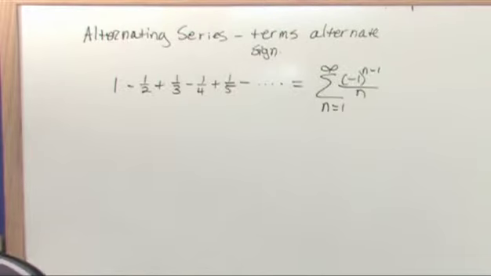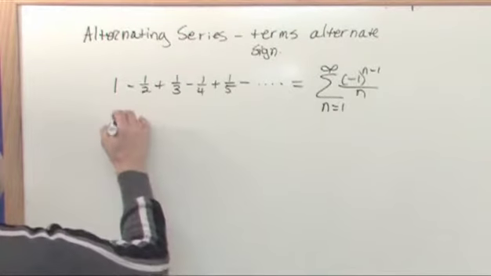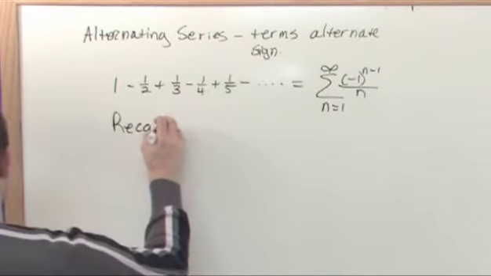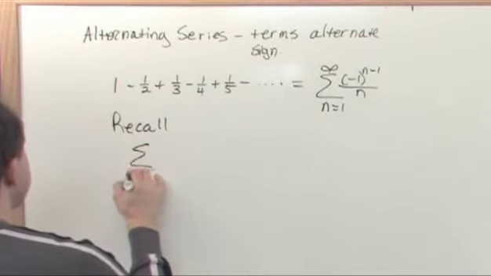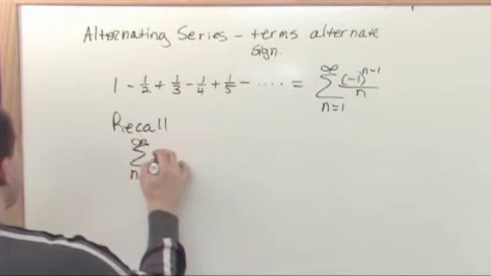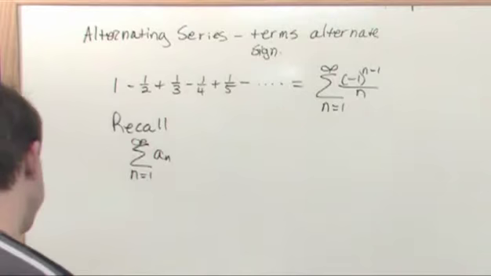Recall that in general, if I have a series, the sum from n equals 1 up to infinity of the terms a sub n, I'm adding them all up.